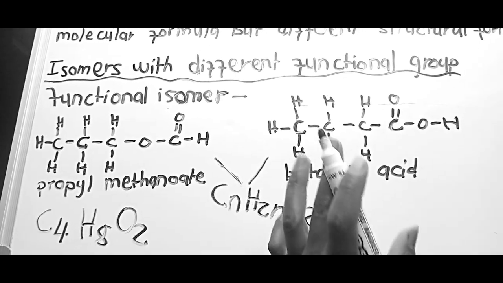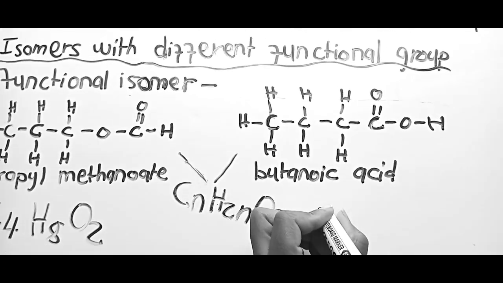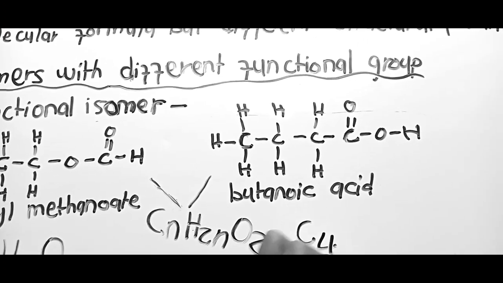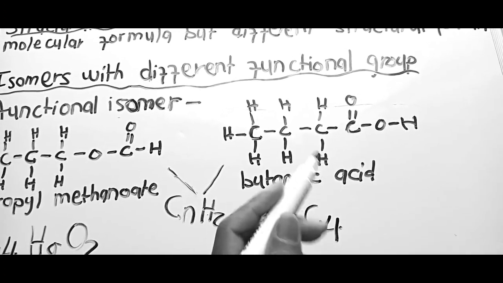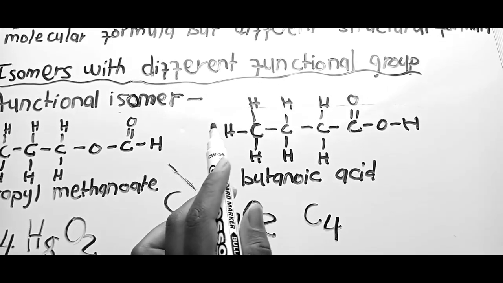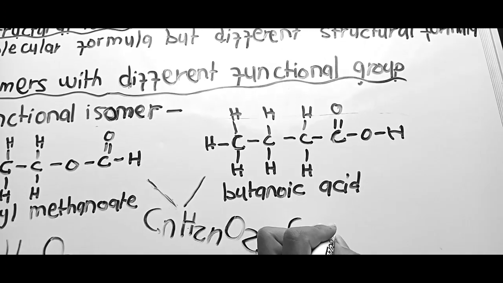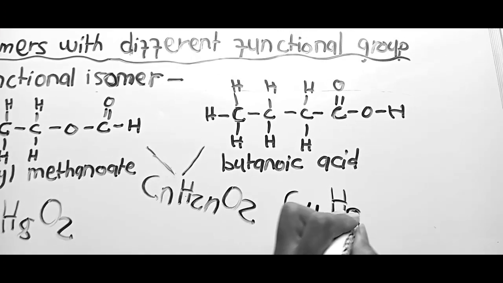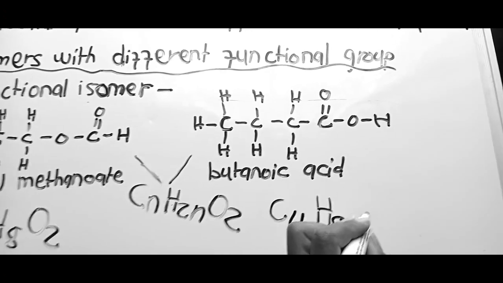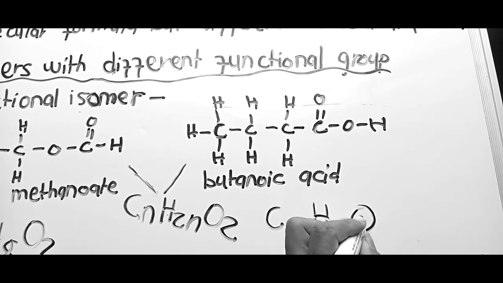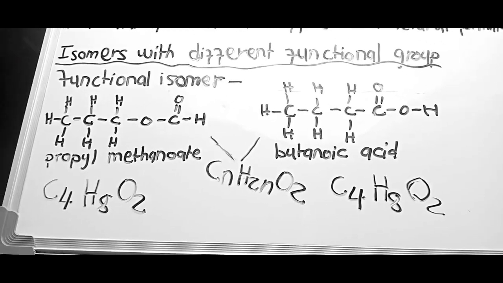How many carbons do I have in this carboxylic acid? It's C4 from butane. 1, 2, 3, 4. You might as well count them. How many hydrogens? We have 1, 2, 3, 4, 5, 6, 7, 8. H8, right? How many oxygens? 1, 2. There are 2 oxygens. So, easy peasy lemon squeezy, right?